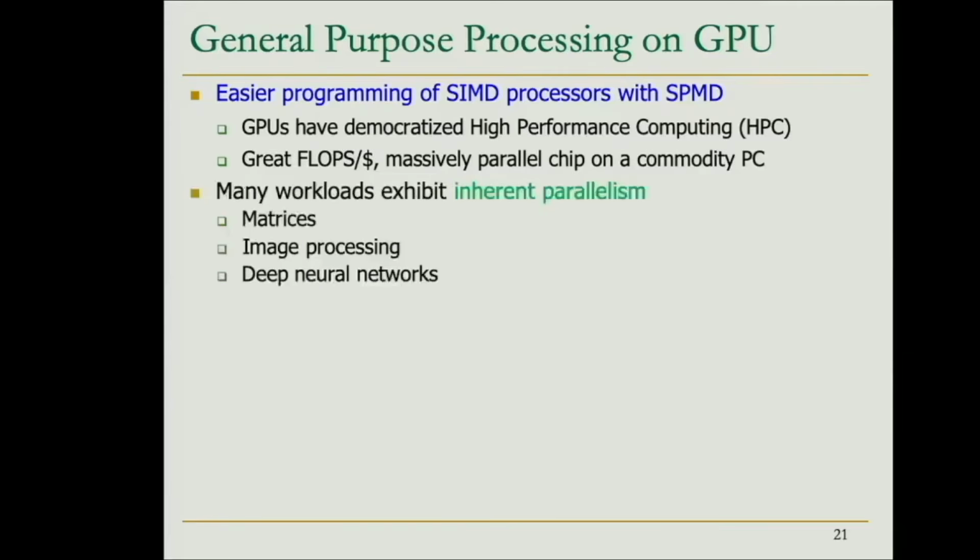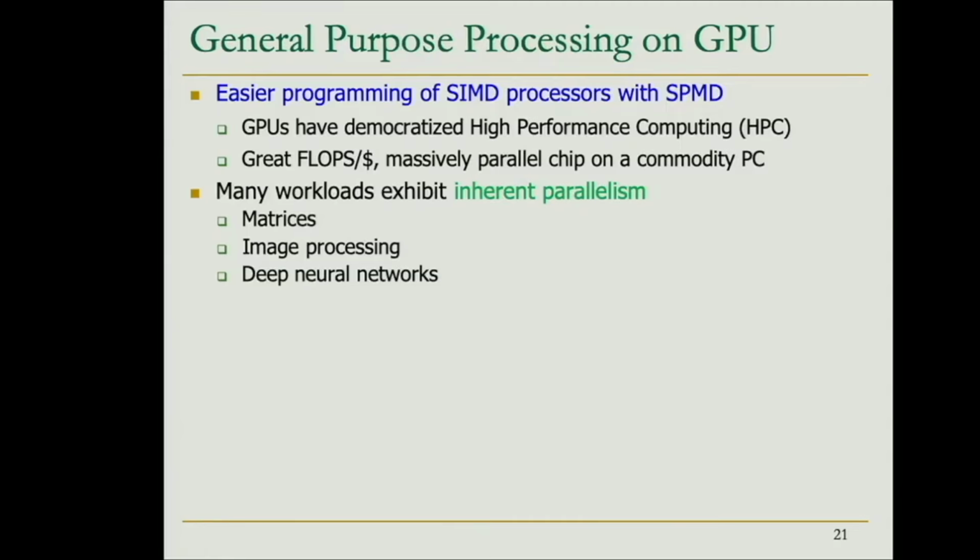And they are typically very good for workloads where we have very inherent parallelism. Of course, the good thing of the SPMD programming model is that it is also possible to implement irregular workloads. It's also possible to have divergence across different threads running concurrently.